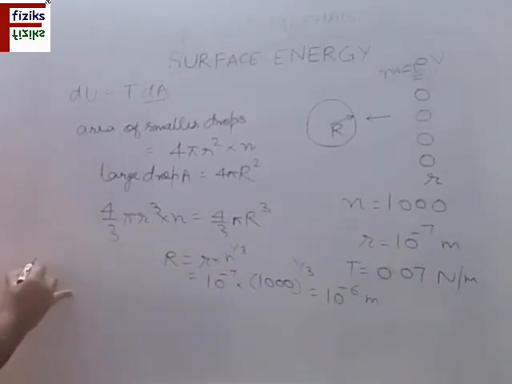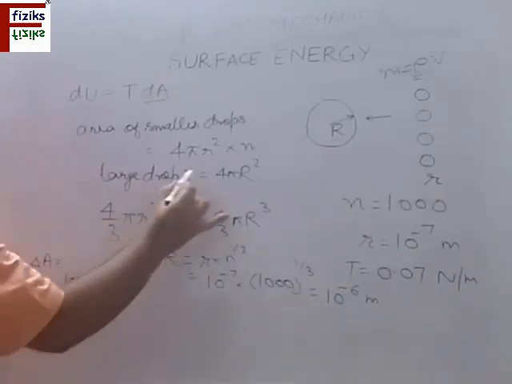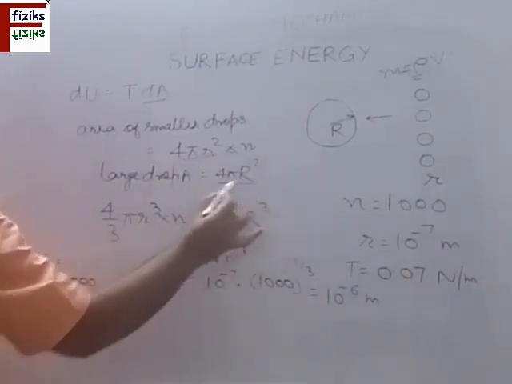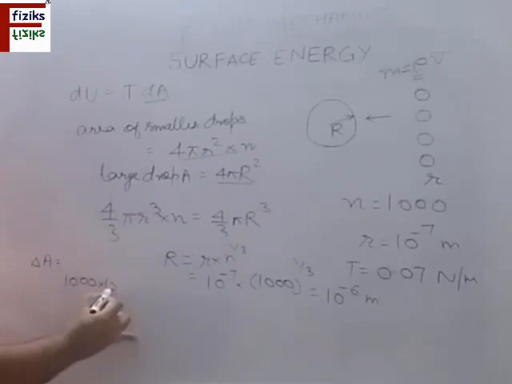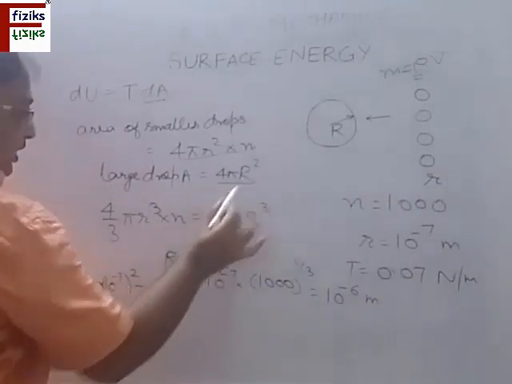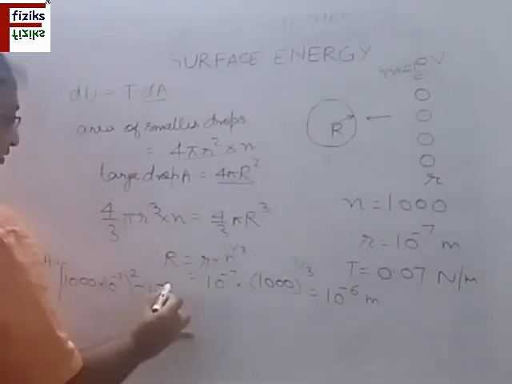Now delta A, the change in surface area, is equal to 1000, this minus this, n into 4 pi small r square, minus 4 pi R square, 10 to the power minus 6 whole square into 4 pi.